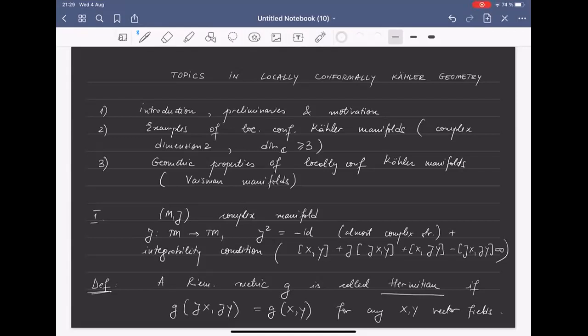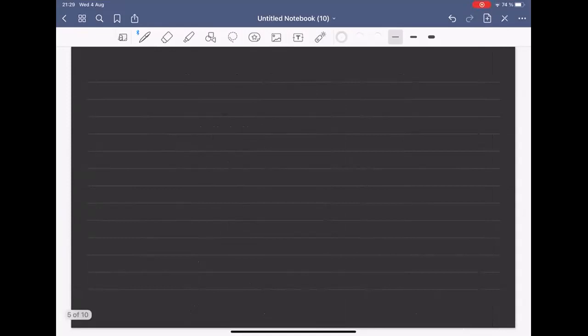So Hermitian metrics always exist on a complex manifold. This would be the first observation. There is no obstruction to their existence. Because we can average any Riemannian metric to transform it into a Hermitian one in the following way.